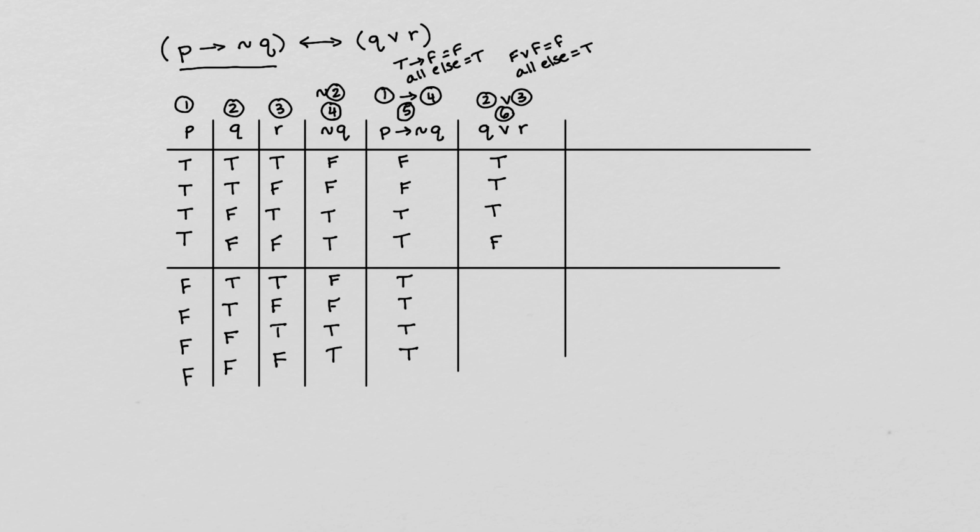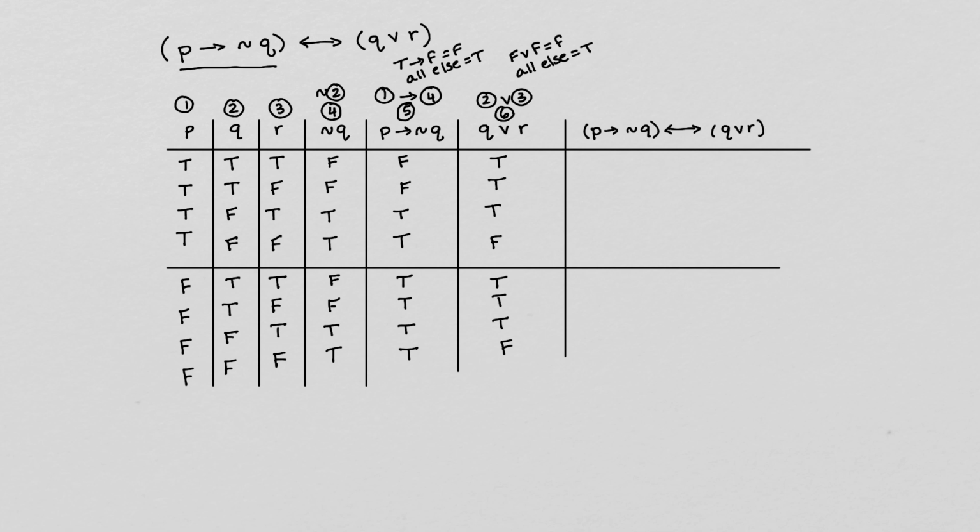And then when I look at the next group, that's going to be, again, true, true, true, false. Okay. So now we're ready to do the whole thing. If P, then not Q, if and only if, Q or R.